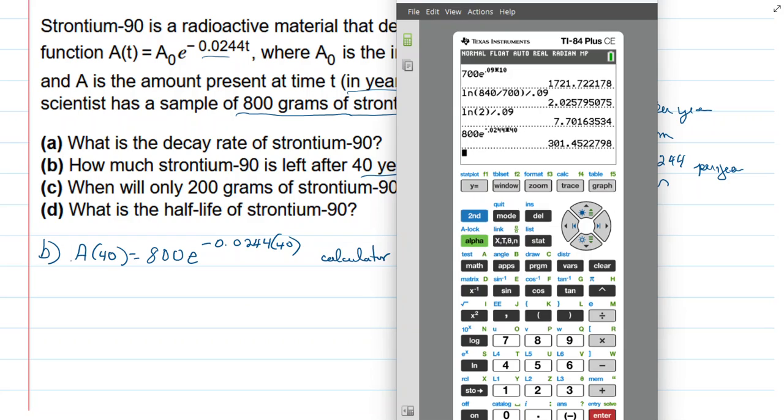And I get 301.4522, and so on. And we want to know how much is left. What would you say? 301 grams? I would say that. Everybody comfortable with that?